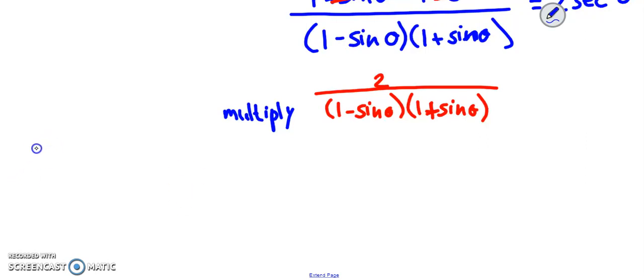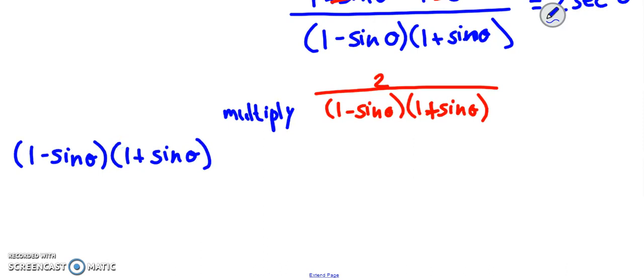So here, everybody should know FOIL or box method, whichever one you learned, because they both do the exact same thing. Just one is more visual than the other. So if we FOIL this out, we have 1 times 1 is 1. 1 times positive sine theta is positive sine theta.